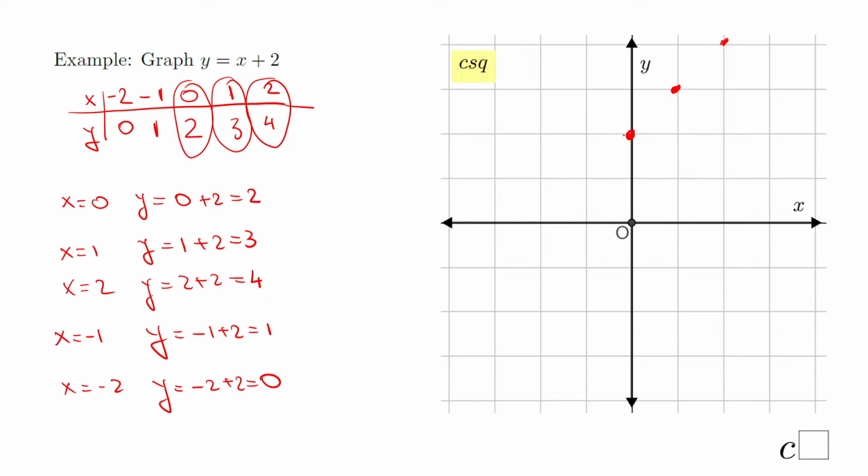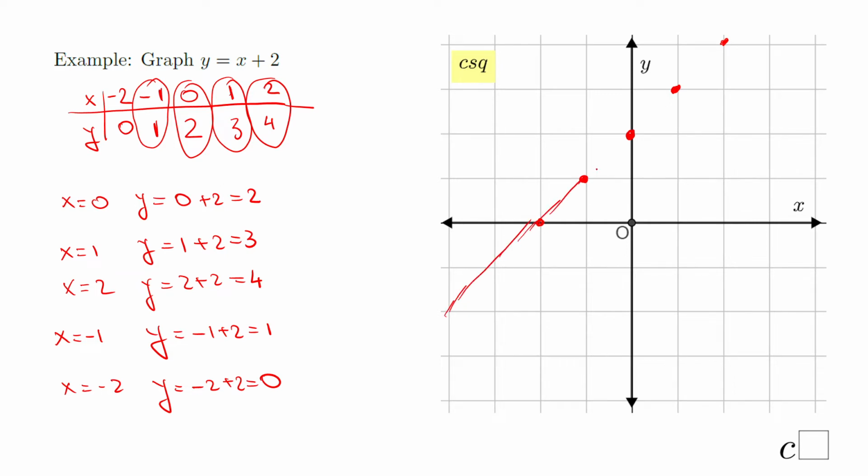And you already notice these 3 points are on a line, but let's put the other two, negative 1 and 1, which is right here. Go 1 left, 1 up, and negative 2 and 0, which is right here. So now we do have a good idea how the graph looks.